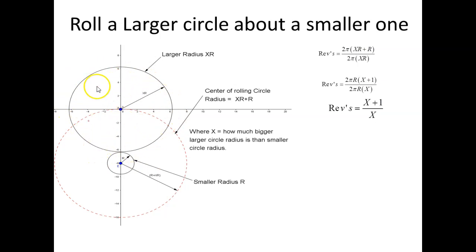So since the larger circle is revolving around the smaller circle, I divide by the circumference, 2 pi times x times r. As I factor out r here and here, the 2 pi times r cancels, and my revolutions is equal to x plus 1 divided by x, where x is how much bigger the larger circle radius is than the smaller circle radius.